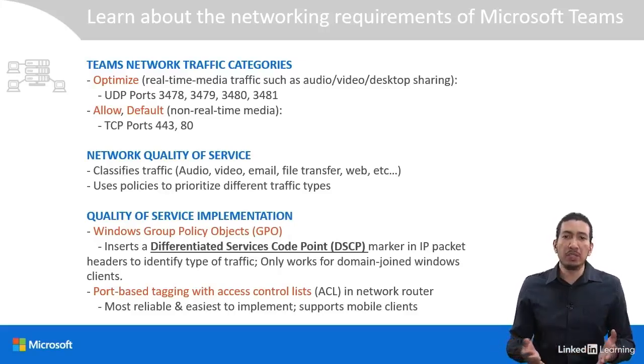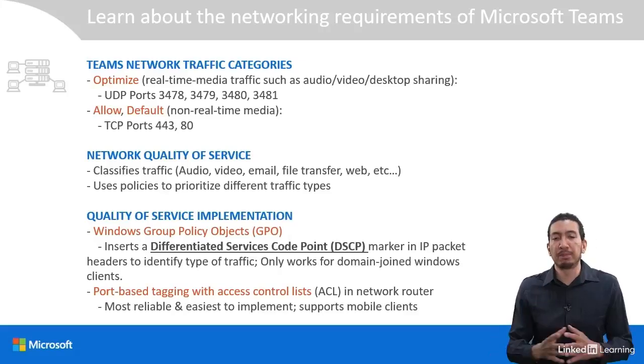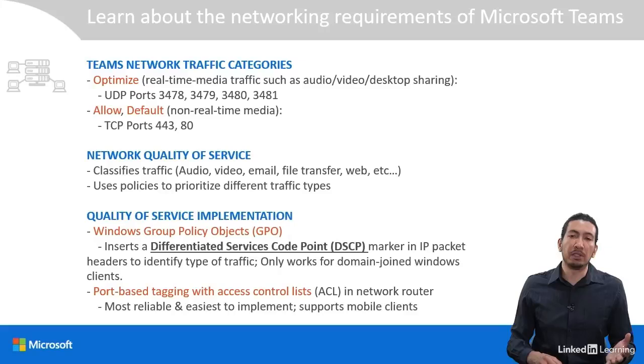The ports used in the optimized category are the UDP port numbers 3478 to 3481, while the allow and default categories use the TCP protocol with ports 443 and 80. Another important network feature is the quality of service.